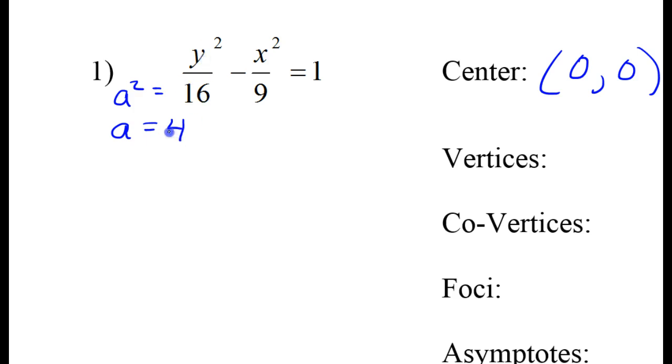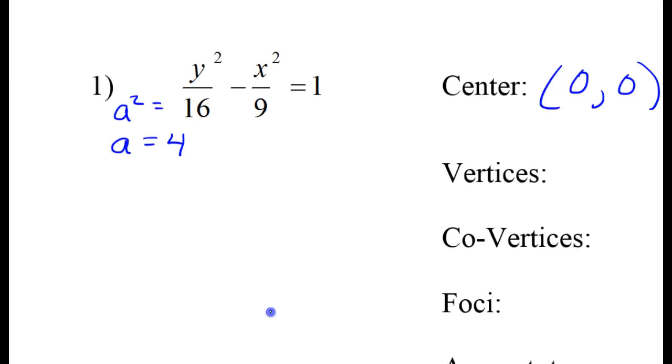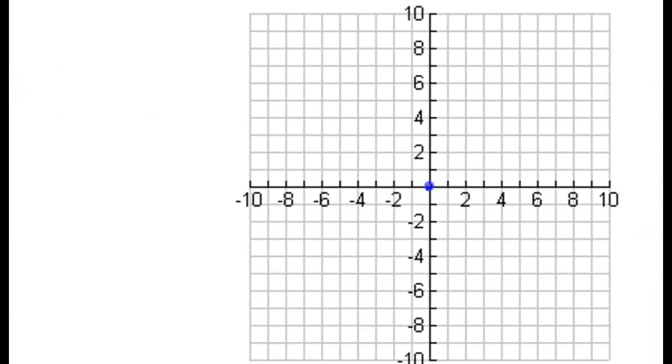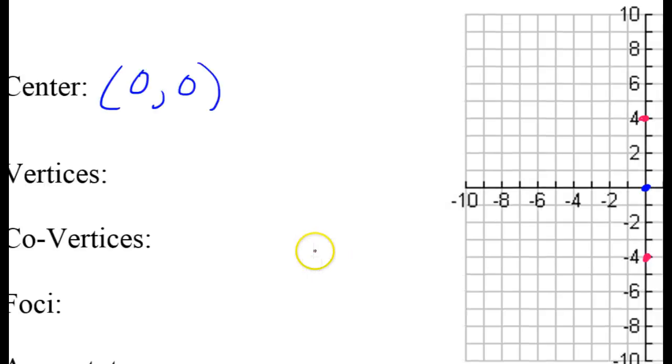So I will do this in the y direction. So if I go to my center, which is at 0, 0, if I do plus or minus 4 in the y direction, that's going to be here and here. Okay? Now these will be my vertices.